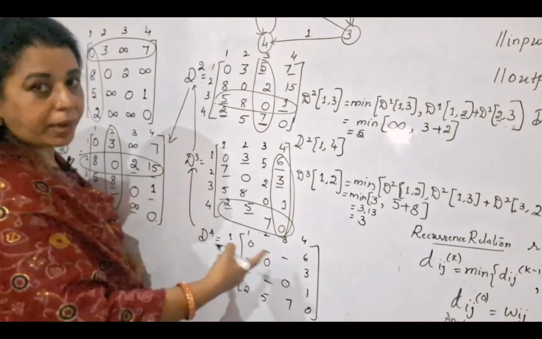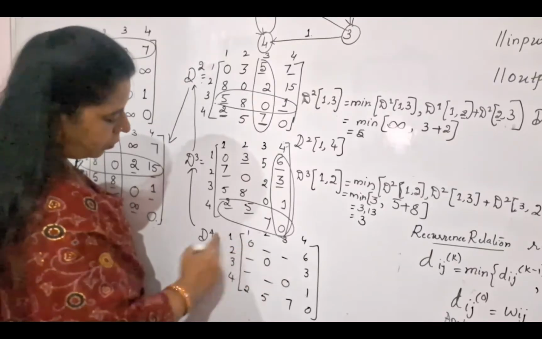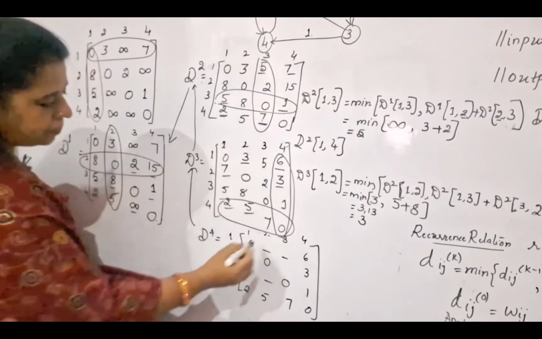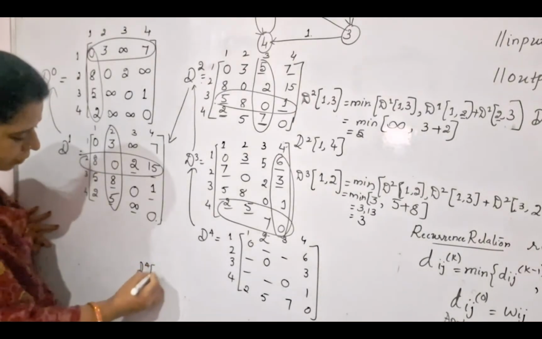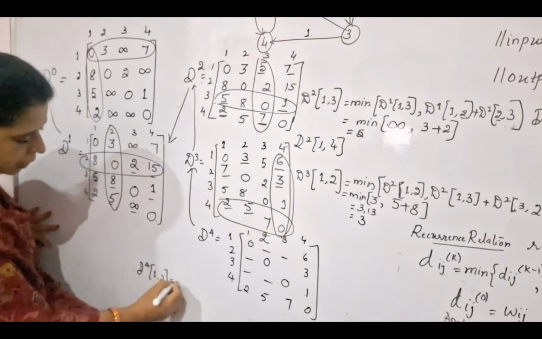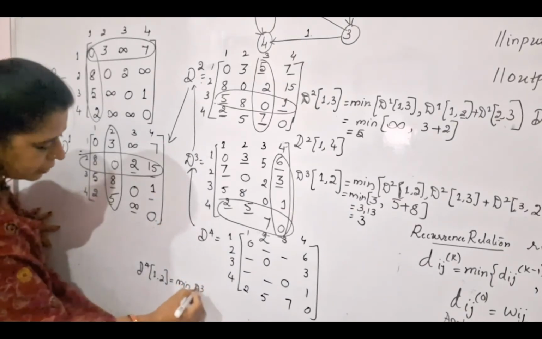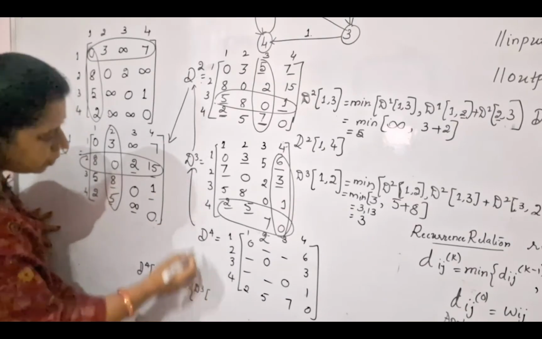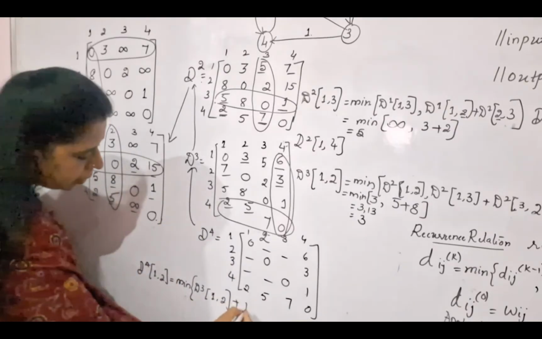Start doing in the same manner as you have done earlier. The first one you are calculating is D4 of 1 comma 2. D4 of 1 comma 2 is equal to minimum of, you are going to refer to D3, minimum of D3 1 comma 2 plus D3.